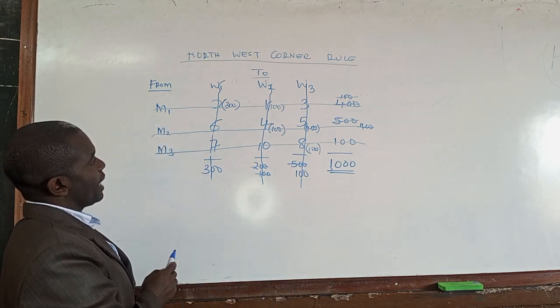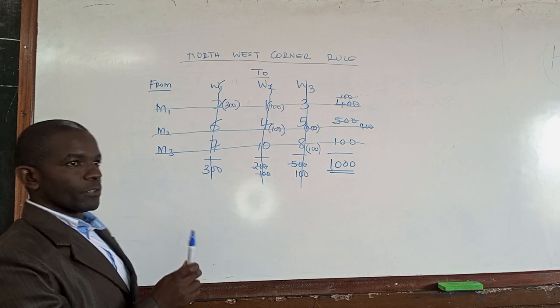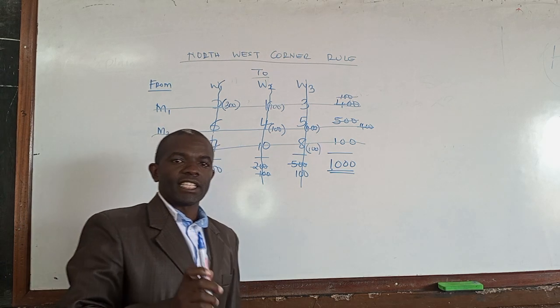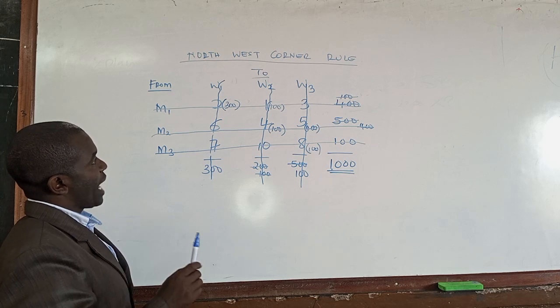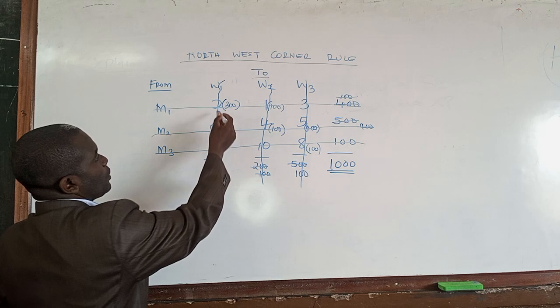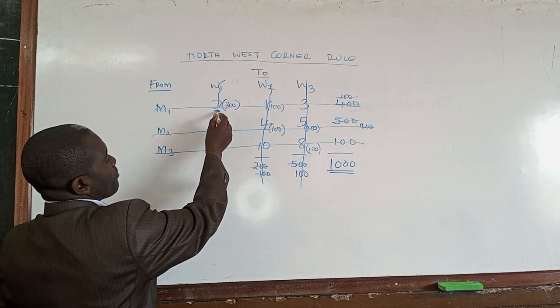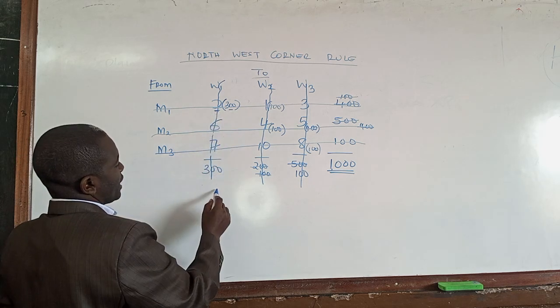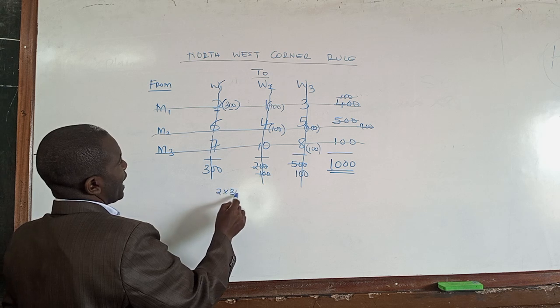The examiner will also ask you to get the total cost of transporting from the 3 manufacturing plants to the 3 warehouses, W1, W2, and W3. And so we shall take the 2 shillings transportation per unit times 300 units, that is 2 times 300.